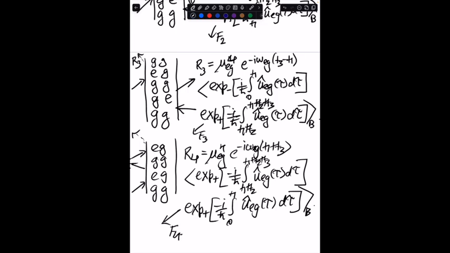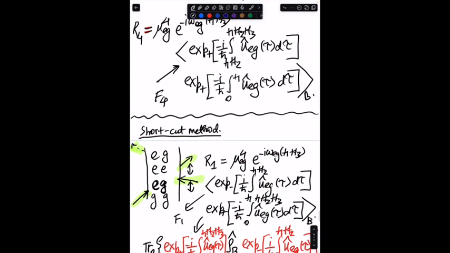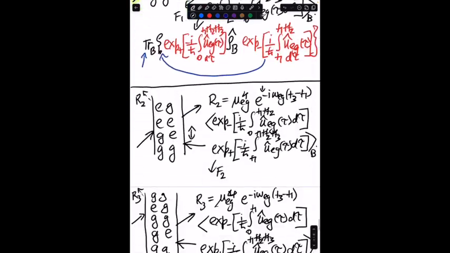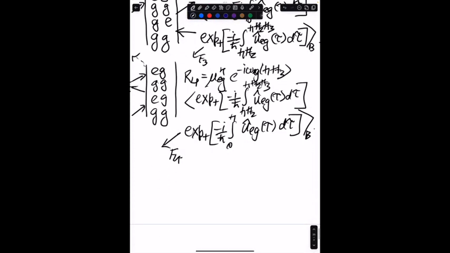And I hope there are no mathematical mistakes here. I apologize if there are any, but you can go ahead and confirm the expressions derived using the shortcut method as well as the long-cut method, and then it would be a good assurance check for you. So in the next video, we derive these dephasing functions under the second cumulant approximation. So we'll stop here for now. Thank you so much.